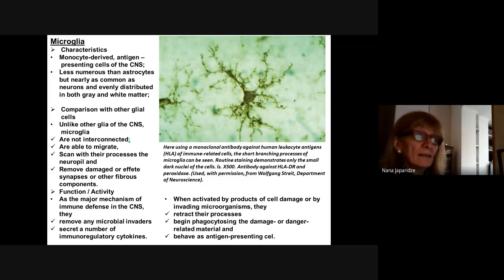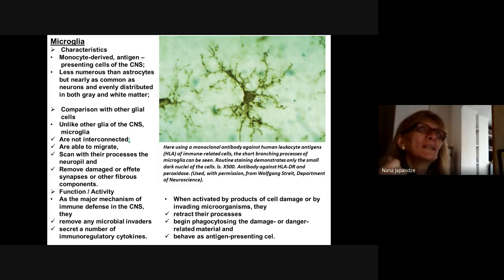They are able to scan the neuropil with their processes. They monitor the content of the neuropil. They remove damaged synapses.